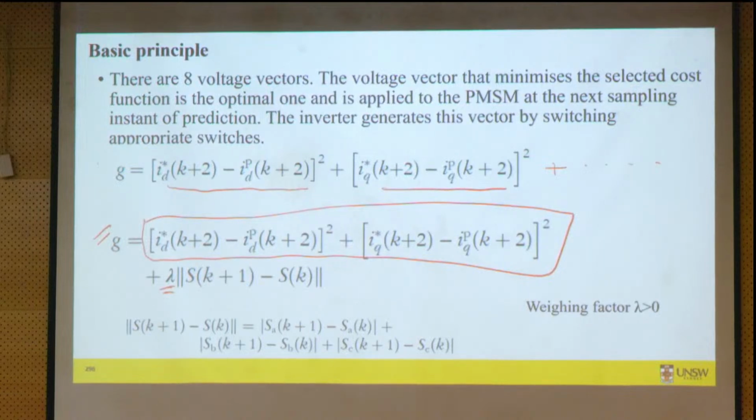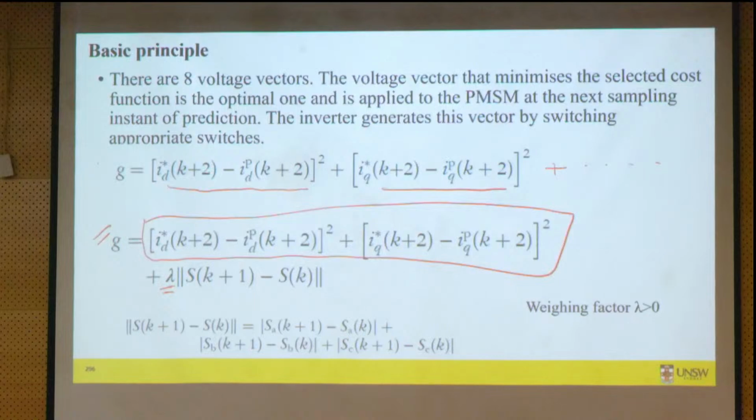That's quite difficult, and that's the main issue for MPC of this type, how to decide this weighing factor. Several methods have been proposed, but it is still kind of research, so if you want to work on something, this is an active area to look into.